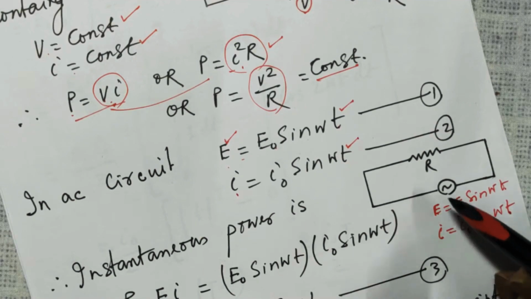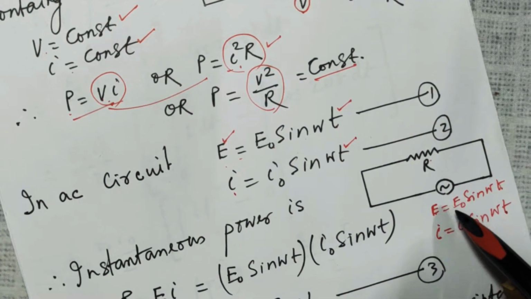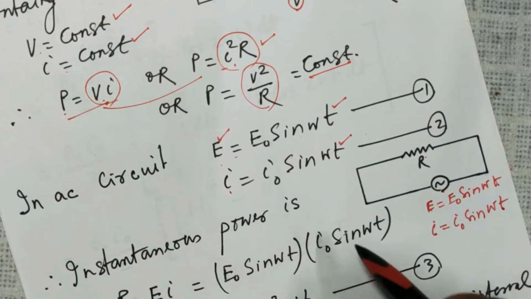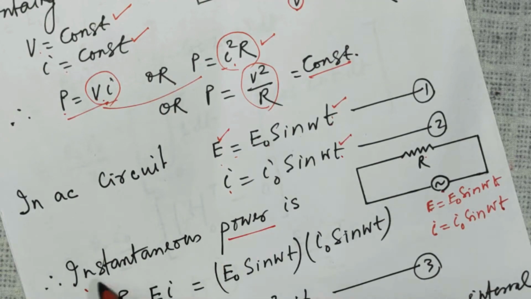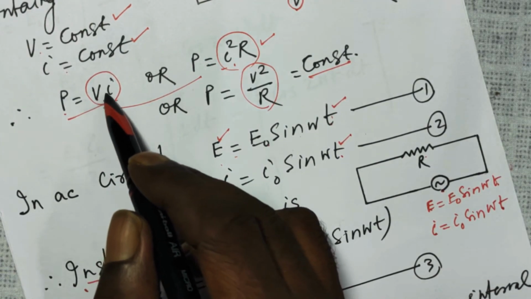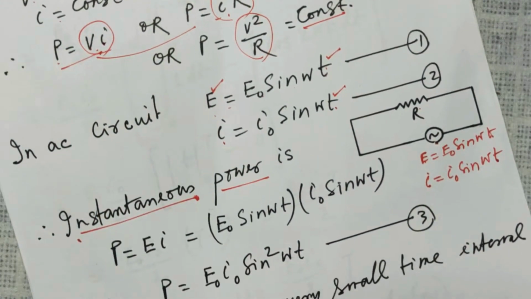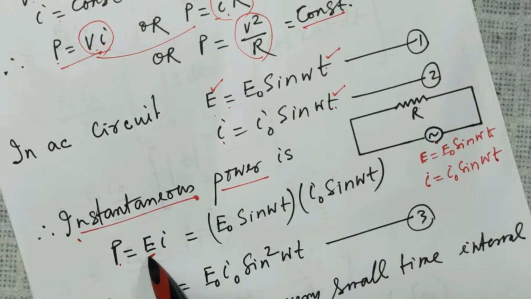So a circuit containing resistance and an alternating EMF, at a particular instant t, the power will be called instantaneous power. And since power is the product of voltage and current, it will be the voltage at a particular instant and the current at the same instant, the product of these two.